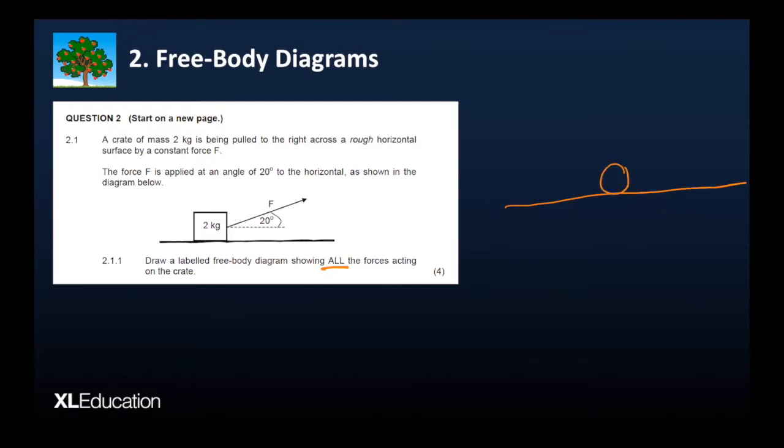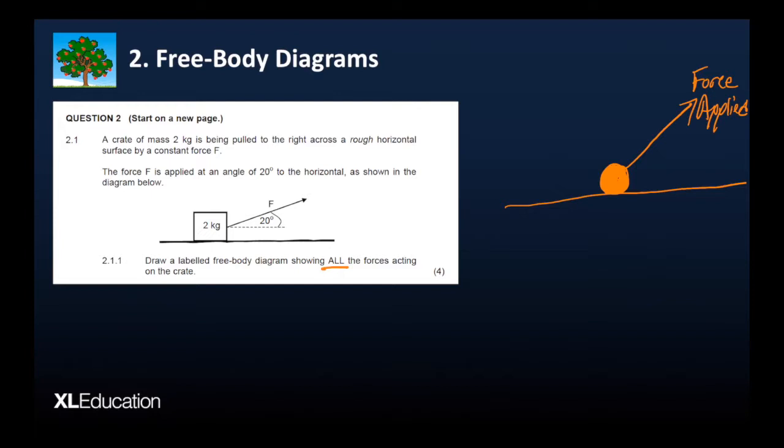Then you place your reasonably sized dot onto the surface to represent the object. Then go through the question and find out which forces are involved. There is force applied, which was applied at an angle. So you have force applied.